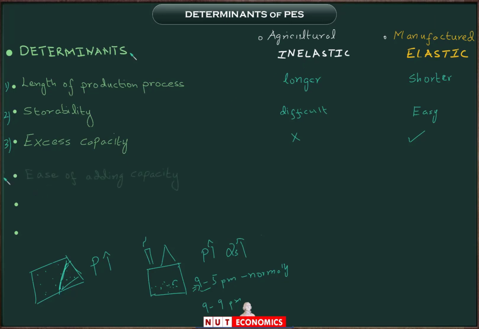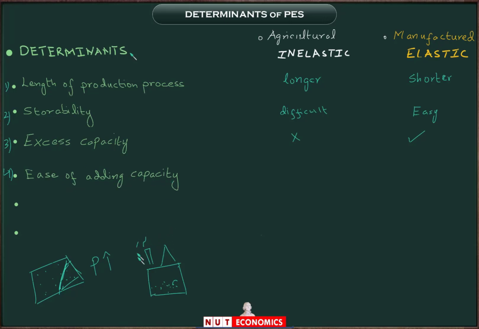And then a related determinant, number 4 of PES, we say is the ease of adding capacity. Now, make sure that you know how this is different from determinant number 3. In determinant number 3, we are saying the amount of excess capacity that is available. Now we are saying another determinant is the ease with which you can add capacity.